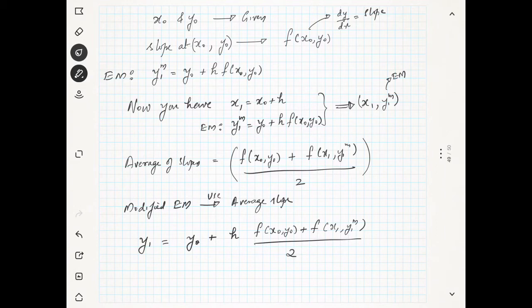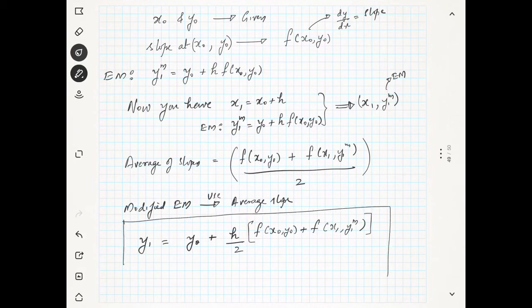Or I can write it in this way also, that means it is h over 2 into the sum. So this is known as the modified Euler's method.